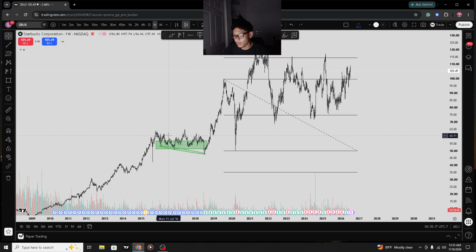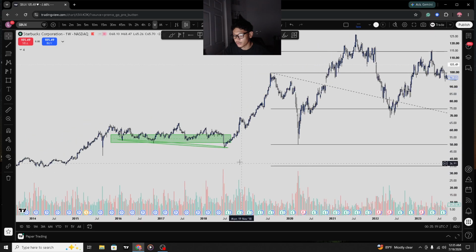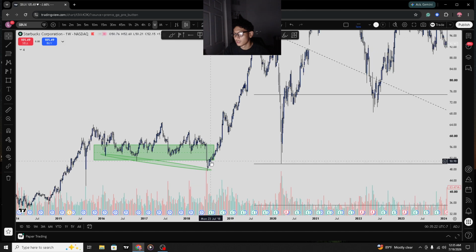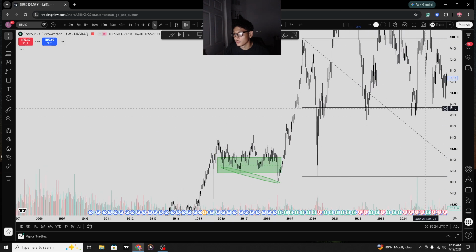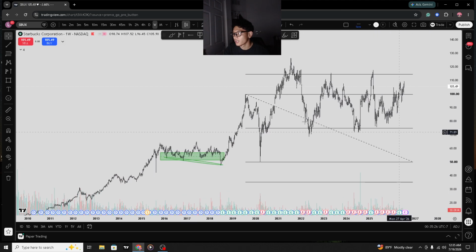As we can see, when market makers push price up on the breaker structure, this was the $50 level. Market makers made basically a 2x, but wicked the $100 before coming all the way right back down to $50, which is pretty crazy.